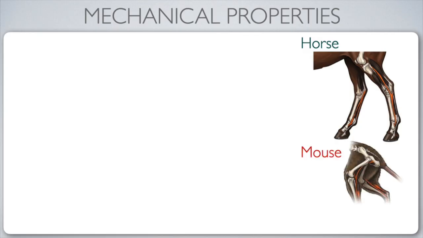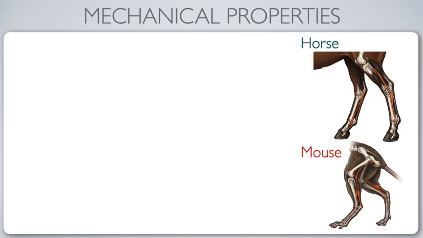And I'm scaling up the schematic of a mouse, but of course a mouse is much smaller. You can see the mouse has this crouched posture, but there's a similar arrangement of its ligaments in its legs. And what we want to do is to contrast the mechanical properties of the tendons in these two species.